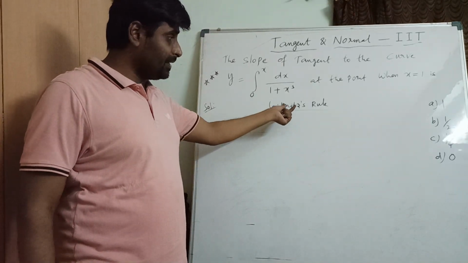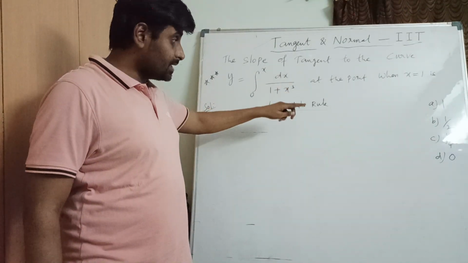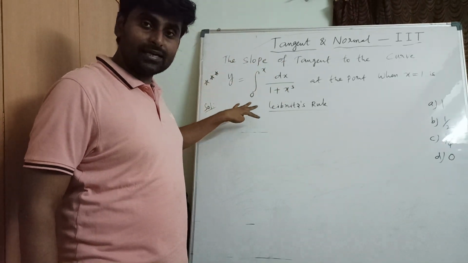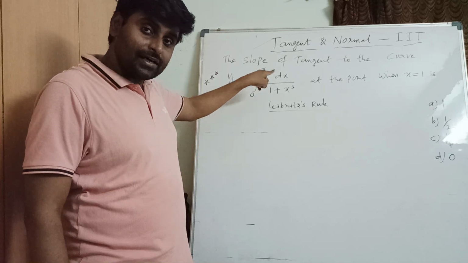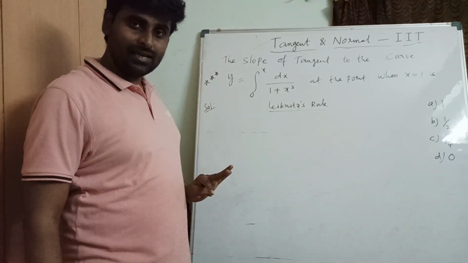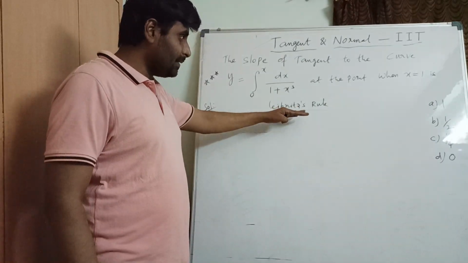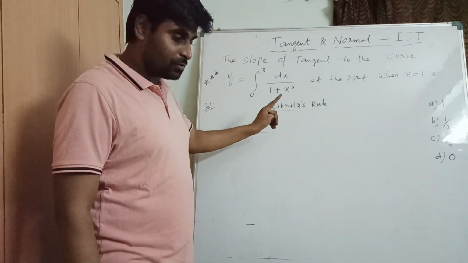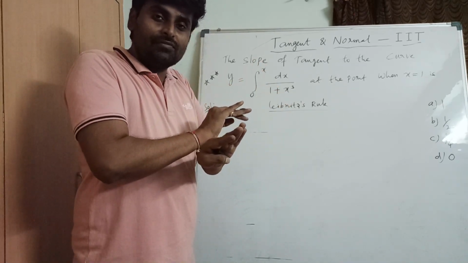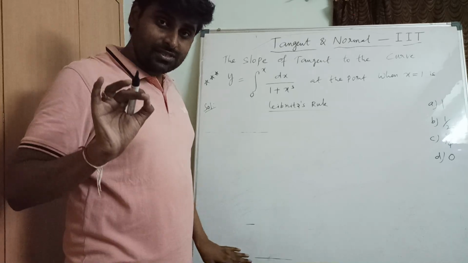Actually Newton-Leibniz has given a rule for differentiating a definite integral. So how can we differentiate a definite integral? First of all, let us see this Leibniz rule. After that, by making use of this, we are going to solve this, and the solution is very easy.